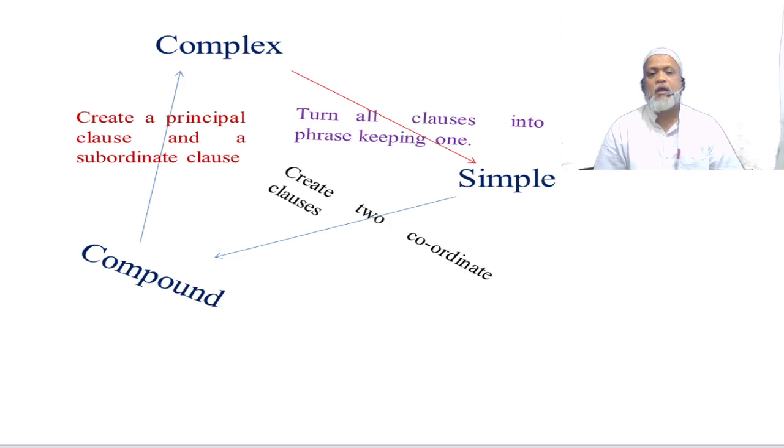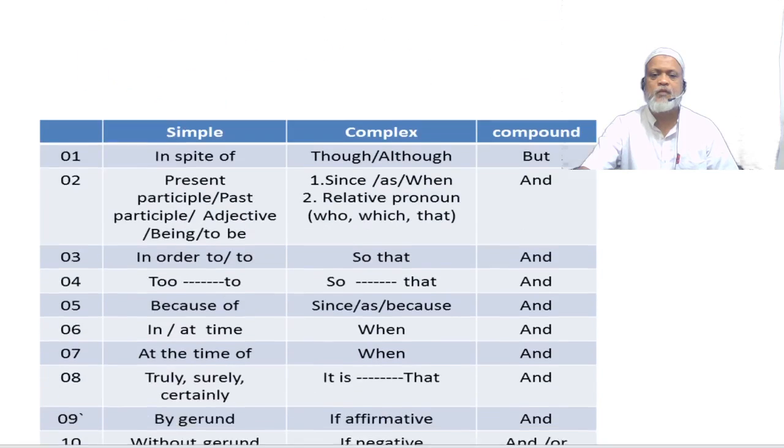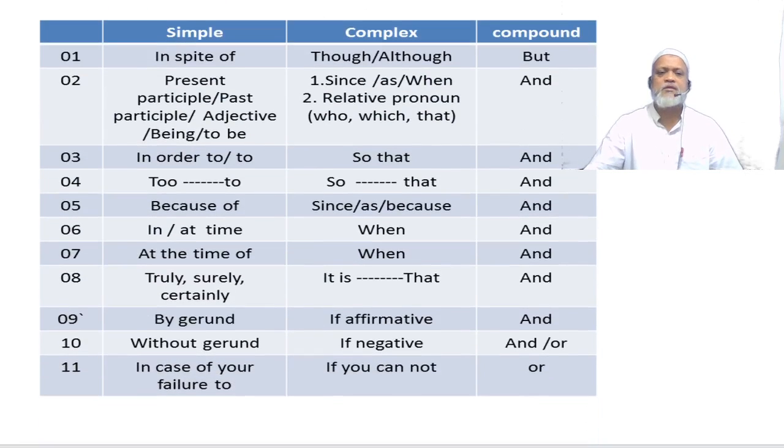Today I will tell you about some circles, how you can change the sentences, how you can transform the sentences. Let us go ahead. Here are the circles, here are the chains.